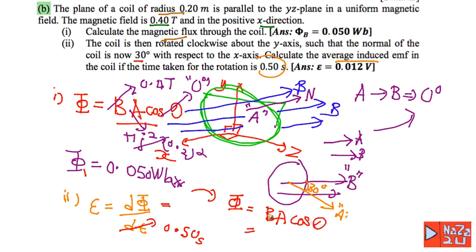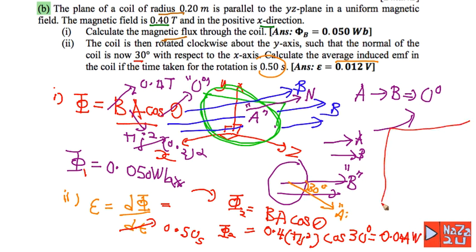B is still the same, 0.4 Tesla, and the area A is still the same, pi r squared. But theta now, when the coil rotates clockwise about the y-axis, is 30 degrees between the normal and B, so you use cos 30 degrees. So flux 2 is equal to 0.044 Weber.